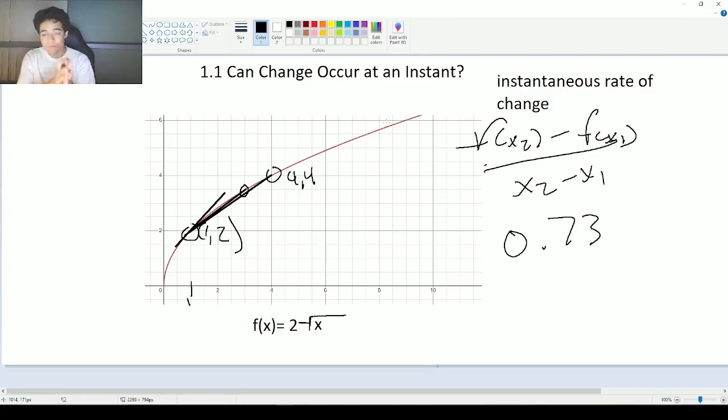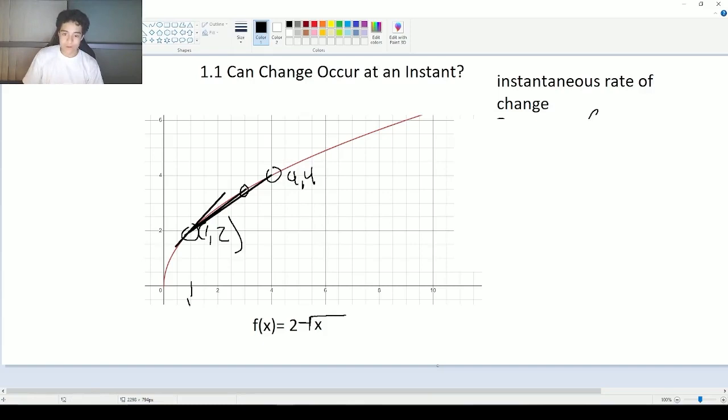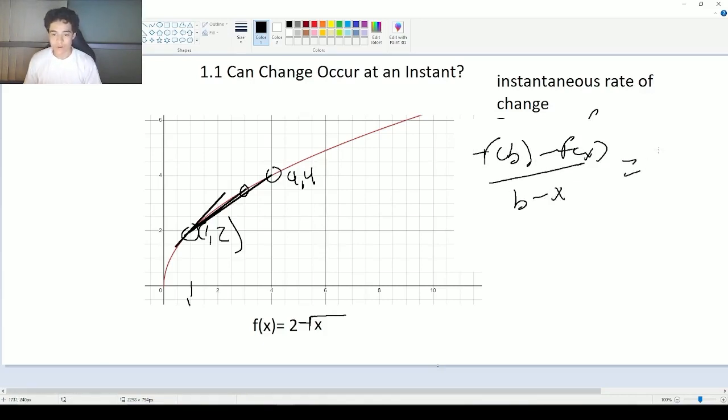If we replace f of x2 with just another variable, we'll call it b, f of b, then we have f of b minus f of x over b minus x equals whatever the slope is, depending on how close you get. So if we pick numbers that are closer and closer to 1 to put as b, because we started with 4, and then we did 3. If we put 2, which is closer, if we plugged it in, we would get 0.83, which is, once again, steeper than the last two.